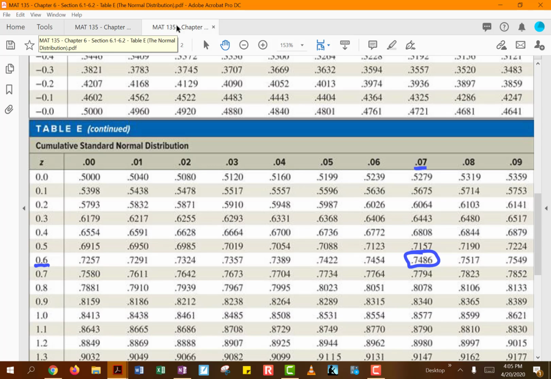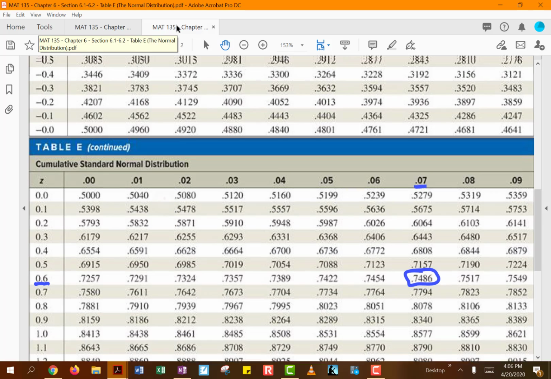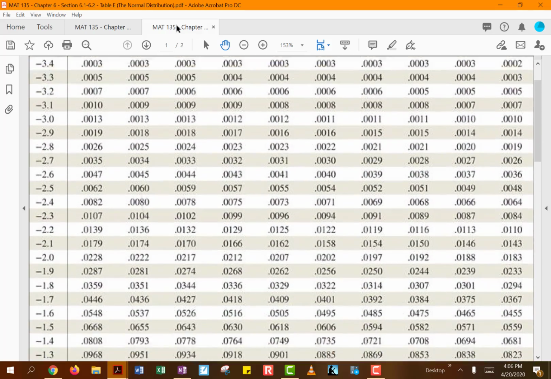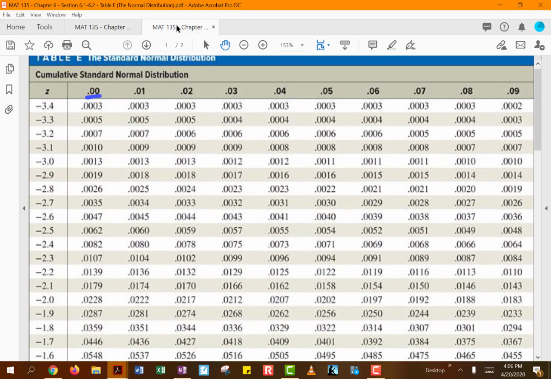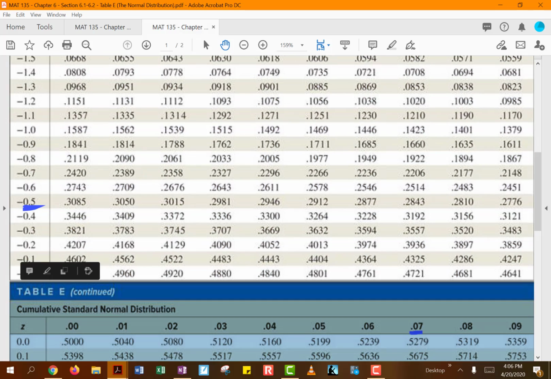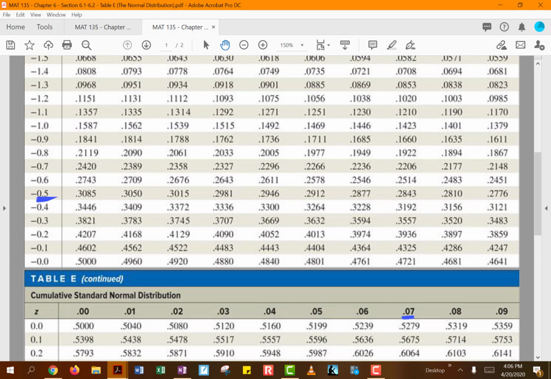Okay, so let's look at what kind of probabilities we can get from those two z-scores. So we have negative 0.5. So negative 0.5 would be here. And since we don't have any other decimals after that, of course, you're looking at the 0 column over here, which is the first one. So of course, we would be looking at this number over here, which is going to be 0.3085.